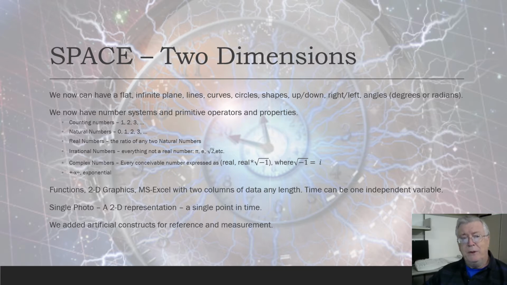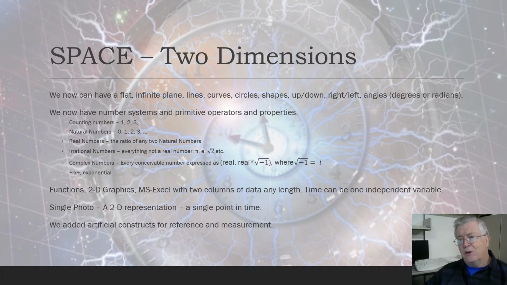Now, two dimensions. We're moving up in the world here. Two dimensions. So now we can have a flat, infinite plane. Lines, curves, circles, shapes. Any shape you can think of. So we have up, down, right, left.